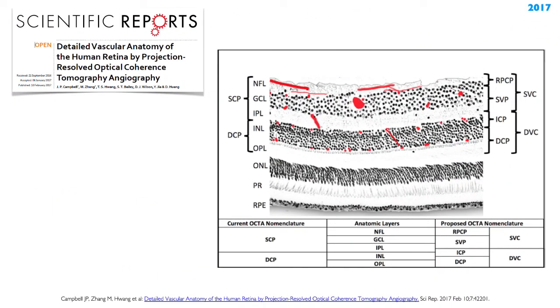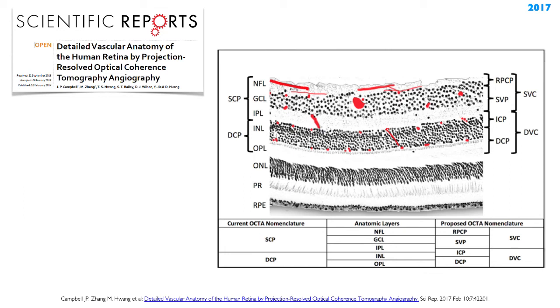More recently, in 2017, a new paper based on projection-resolved OCTA proposed a completely different nomenclature, so not completely, but at least a different nomenclature for retinal vascularization. This was based again on OCTA. It was a prototype that dramatically reduced the presence of projection artifact, and for this reason, just based on the B scan, the authors were able to exactly recognize each vascular layer at the level of the retina.